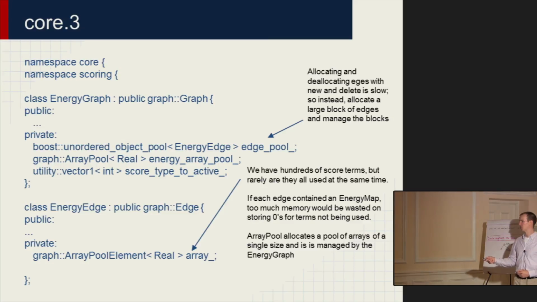Usually the purpose of this array pool is so that each edge can keep like 5 entries, because usually there's only a few residue pair terms that are on at any one point in time. And that makes us go much more quickly. That is, edge insertion and deletion goes much more quickly because of this array pool. But I'm not going to go into any more detail on that.